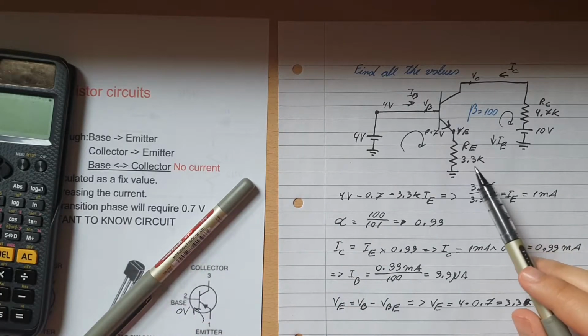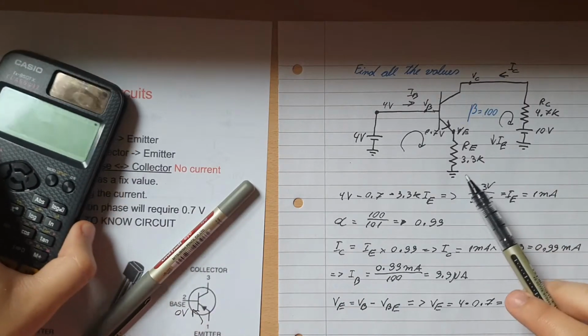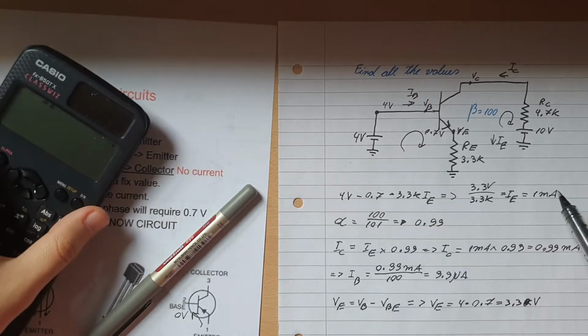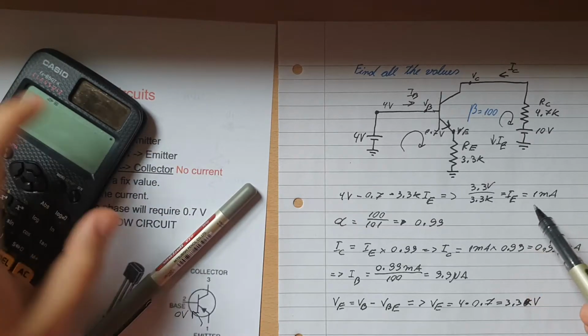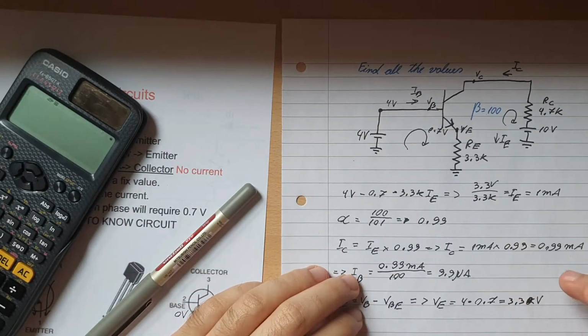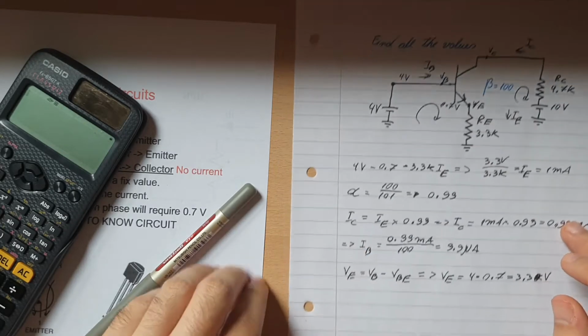And if you don't trust me, we can simply do 3.3 K times 1 milliamp, and that will give you 3.3 volts as well, because you just calculate it. We can use it that way.